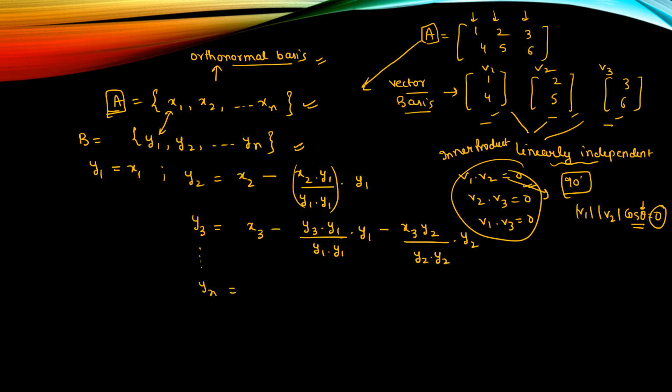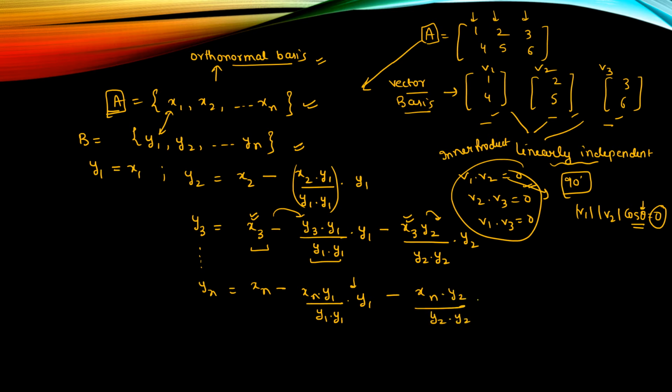See the pattern. Firstly xn, then the dot product of xn with y1 divided by y1 dot y1, times y1. Then, if you have taken x3 there, xn will be here, and next is y2, so y2 dot y2 with its dot product with y2.